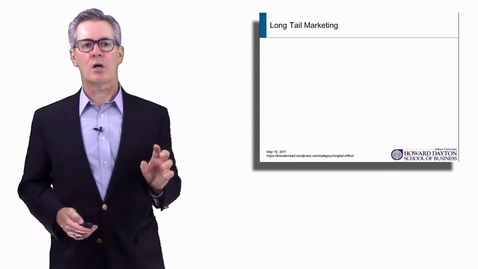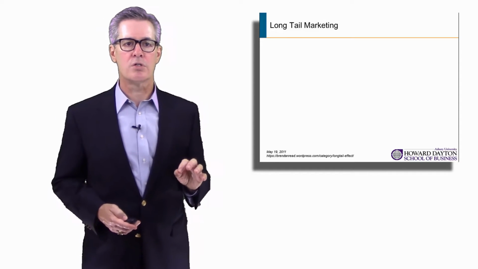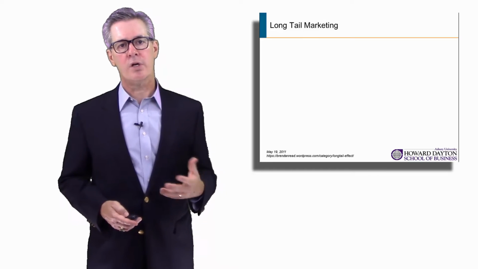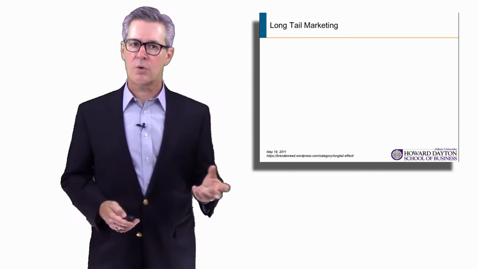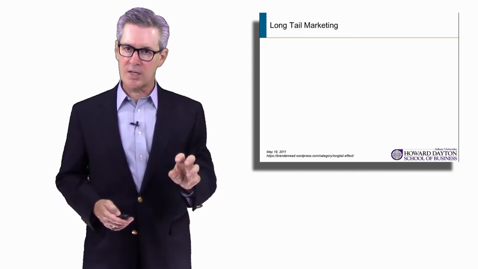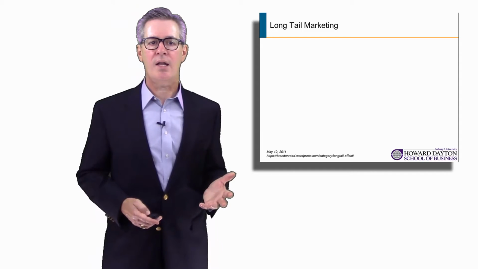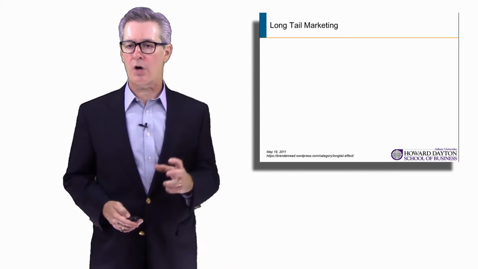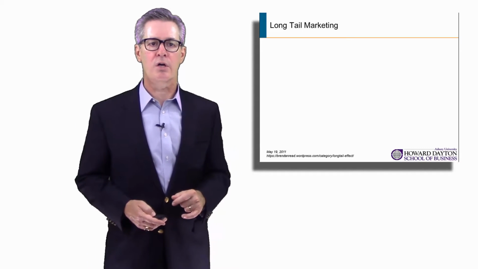Now we're going to talk about another concept that I think would be interesting to you and help us to understand. As we look at our segments and we choose which one we want to be our target, we have to think, is it just a target or is it multiple targets? In deciding how many segments that we want to go after, we need to consider an idea that's caught on in recent years, and that's this term called long-tail marketing.